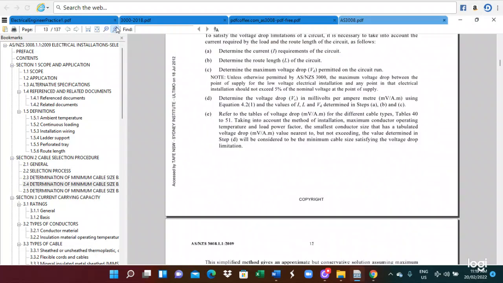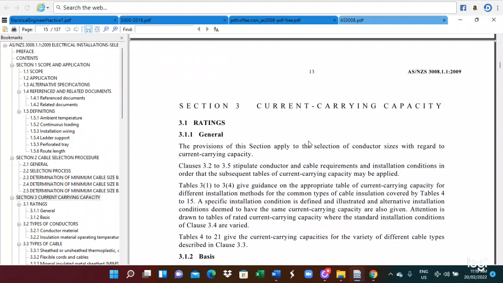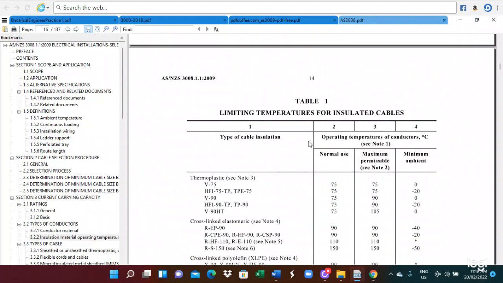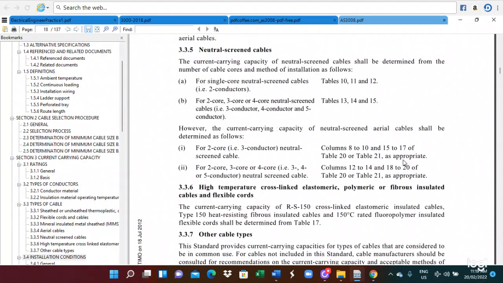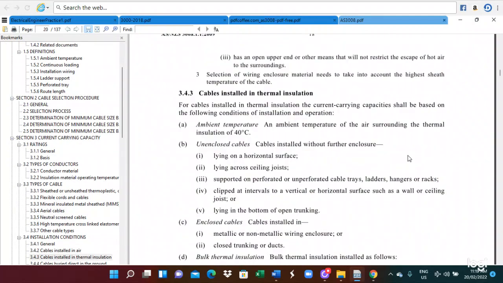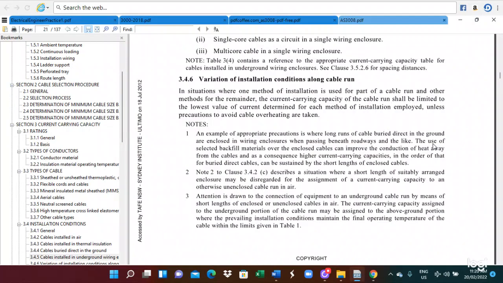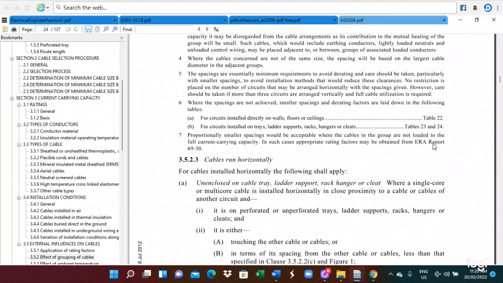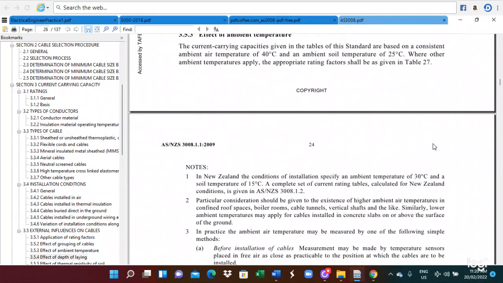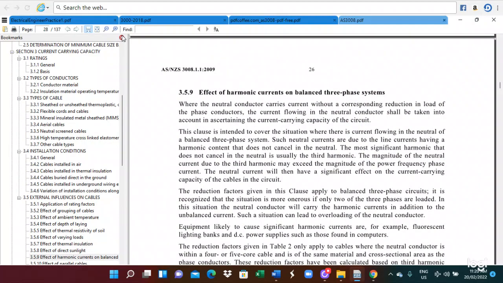Topic 3, current rating capacity, section 3. We have to find Tables 3.1, 3.2, 3.3, 3.4. So we look at the tables here. Those four tables are the major tables.